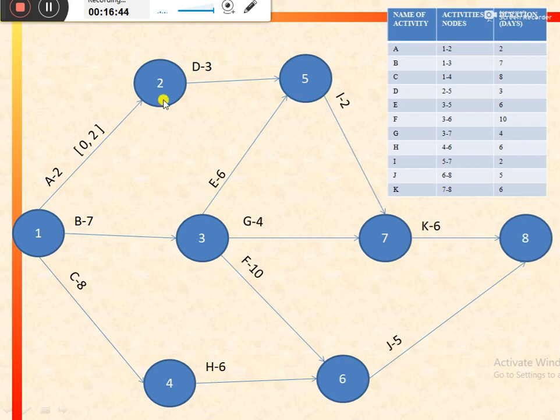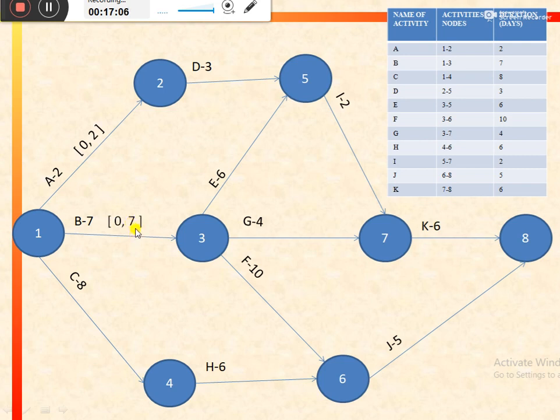Now we would move on to activity B. As we know, for every activity that emanates from node 1, the earliest start time would be equal to 0. So for activity B, earliest start would be equal to 0, and earliest finish would be the duration, 7 days, plus earliest start, 0.